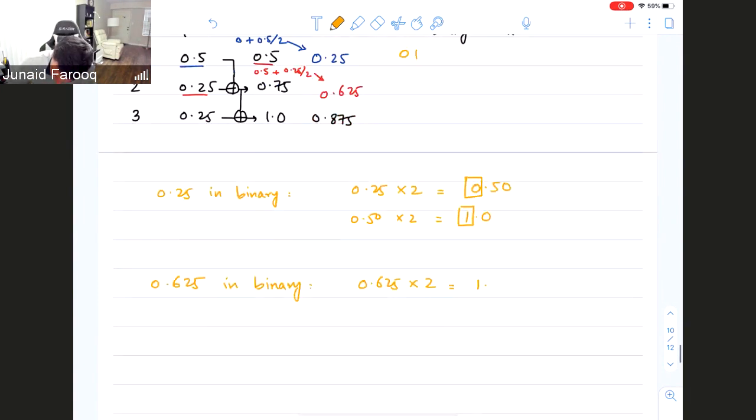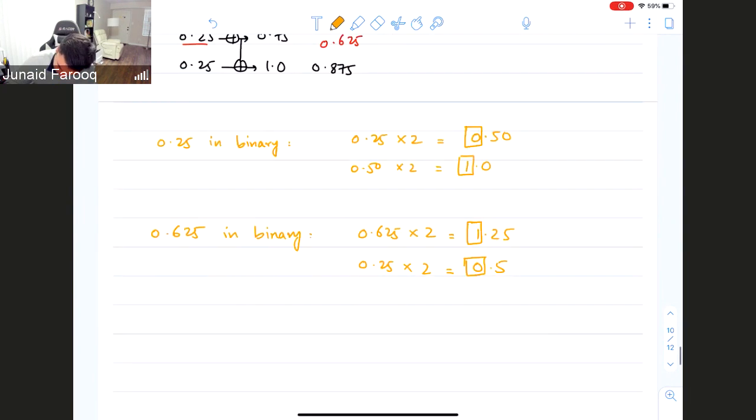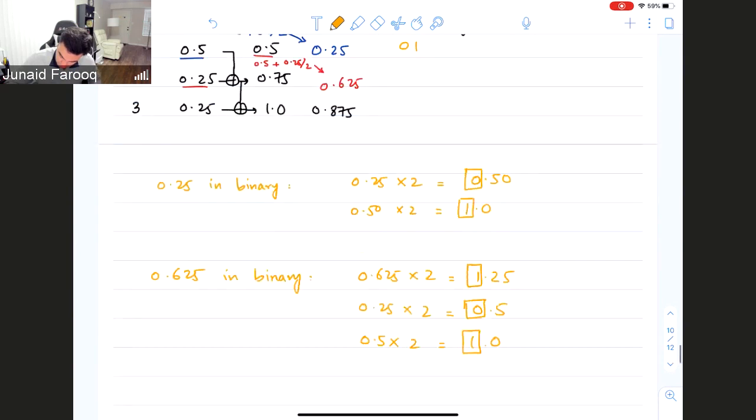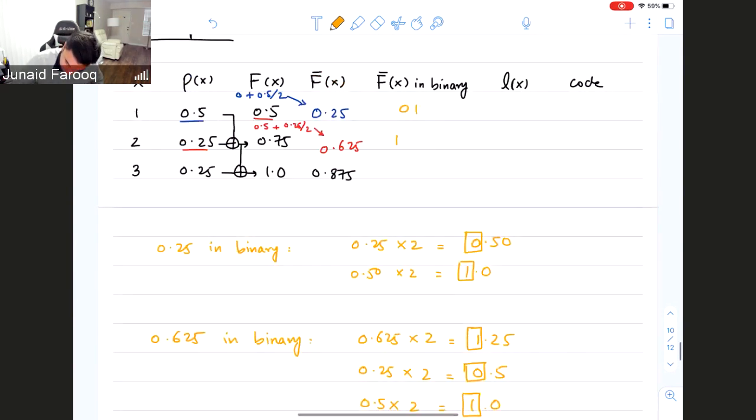So it's 1.25. So we keep the 1 and we take the 0.25 and then do the same with 0.5. And then it's 1.0. So we keep these numbers. So 1, 0, 1. So same thing, the last one is going to be 1, 1, 1.